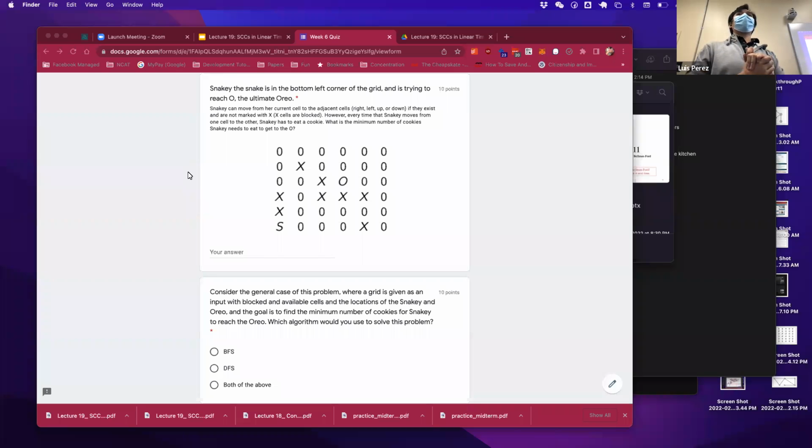Oh, actually, quick question. Does anybody have a charger for a MacBook? Like a USB-C charger that I can borrow for the remaining of the class? No? We might be able to make it, but I'm at 36%.